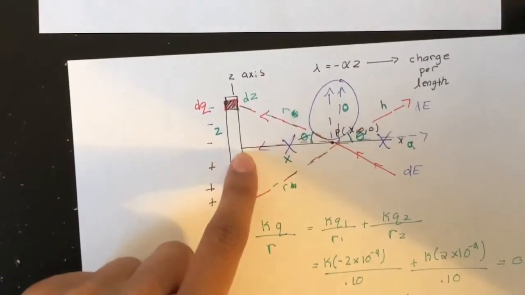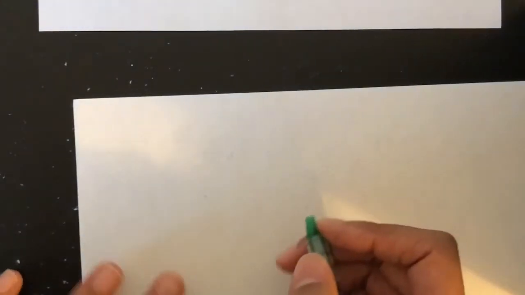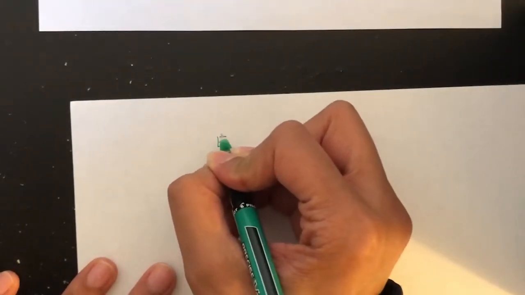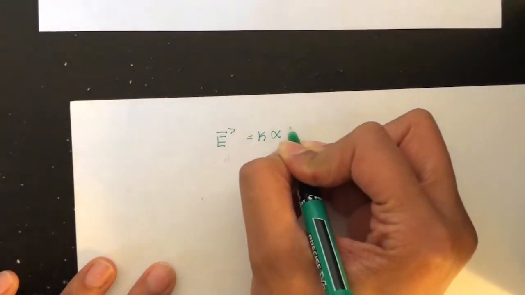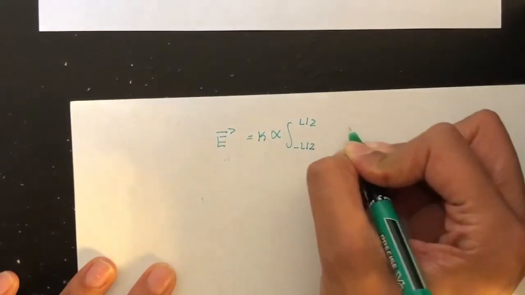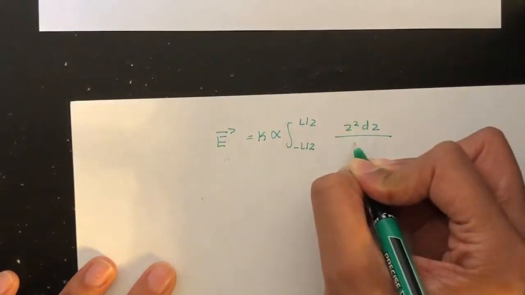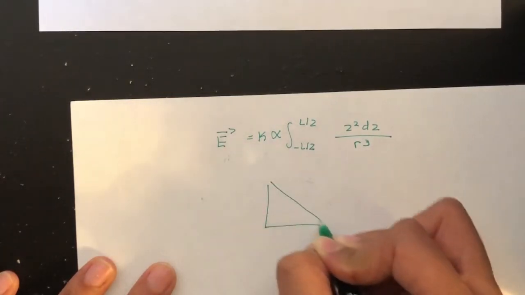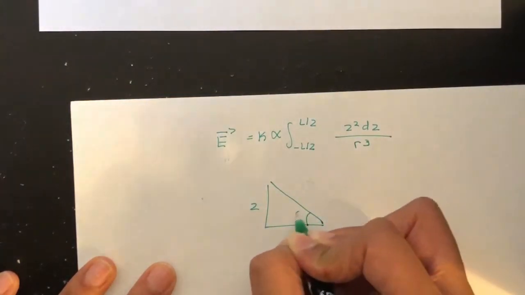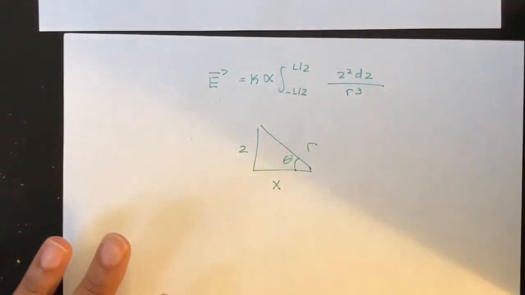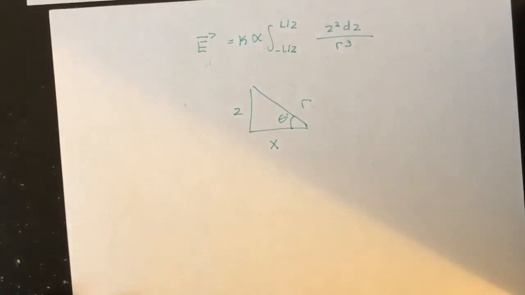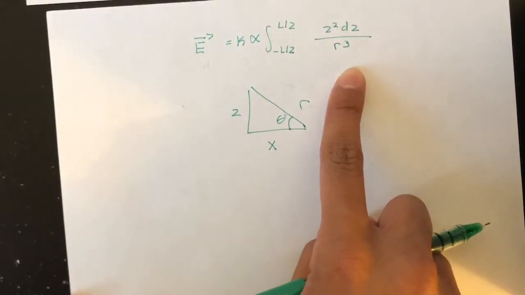I'm going to redraw this triangle right here for reference. Okay, so z squared dz over r cubed.